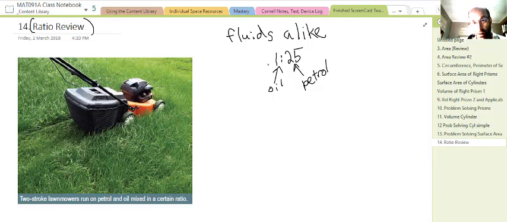And this also means that there are 26 parts overall, 1 plus 25, which makes 1 part of the fuel. So 26 parts of each of those fluids makes 1 part of the two-stroke fuel.